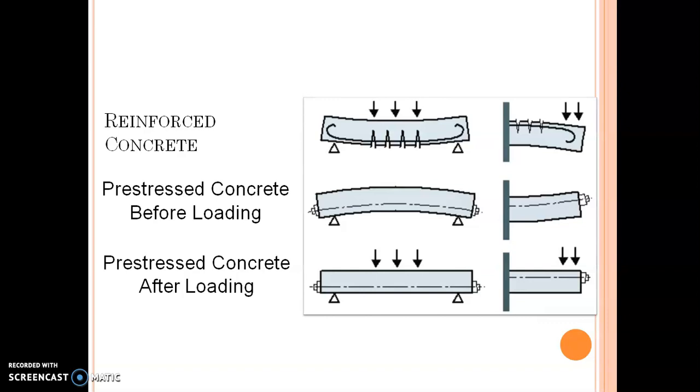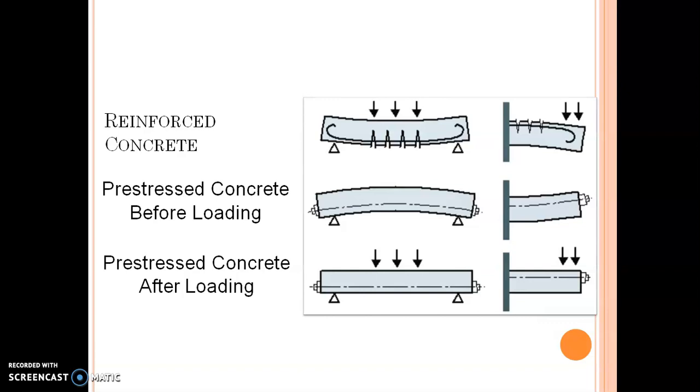So, once the superimposed load, dead load and live loads are applied, tensile stresses will be created at the bottom, which will be nullified by the compressive stress created due to the force applied in the tendon. Similarly, on the right-hand side, in the cantilever beam, due to imposed load, tensile stresses will be created at the top.